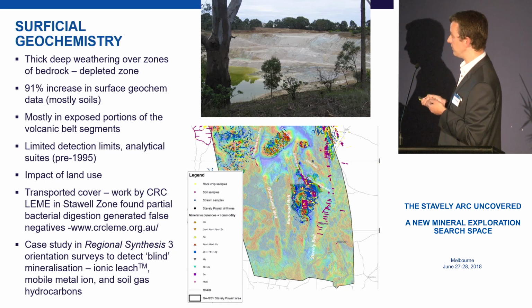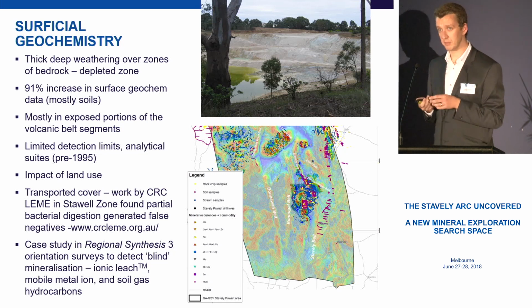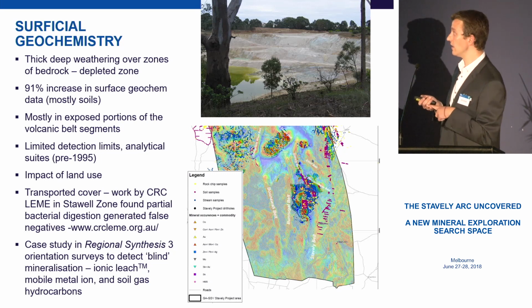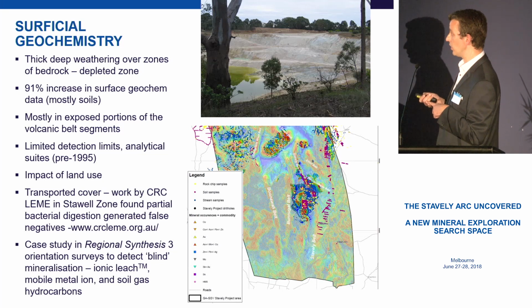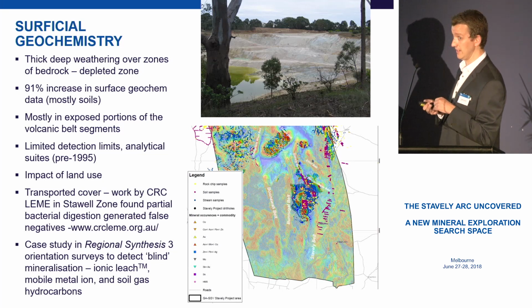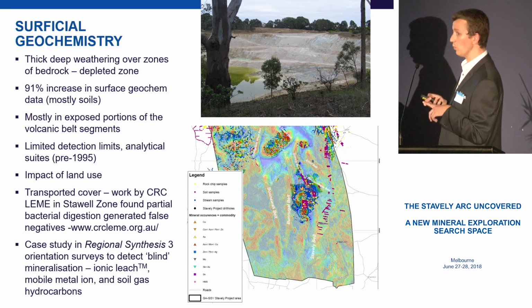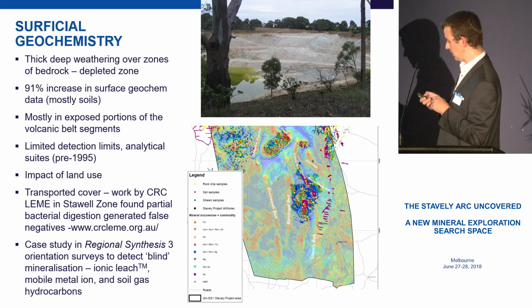As part of the GSV project, and this is all covered in the regional synthesis, three orientation surveys were completed over blind targets. One was covered by Grampians Group, one was in outcropping Glenthompson sandstone but at depth, and one was covered by Murray Basin.